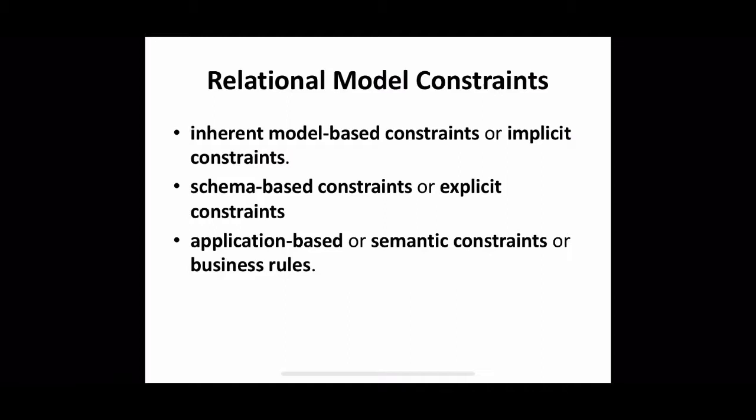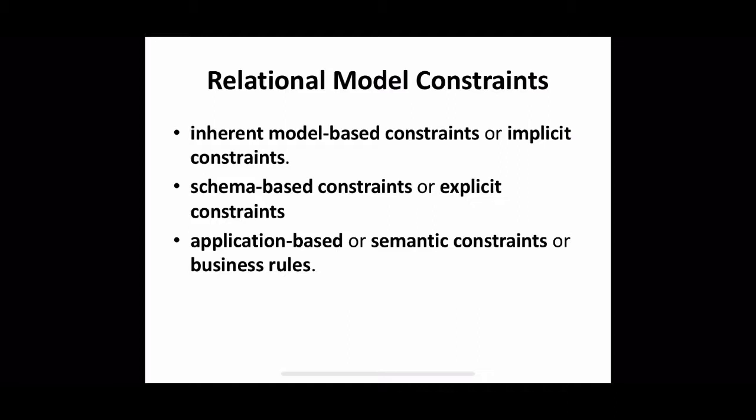So definitely there are generally many restrictions or constraints on the actual values in a database state. These constraints are derived from the rules in the mini world that the database represents. So we can see what are the different restrictions on the data that can be specified on a relational database in the form of constraints.